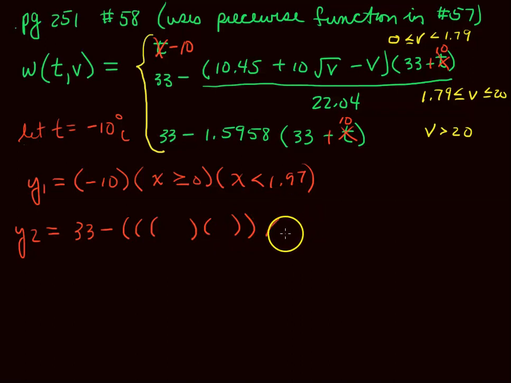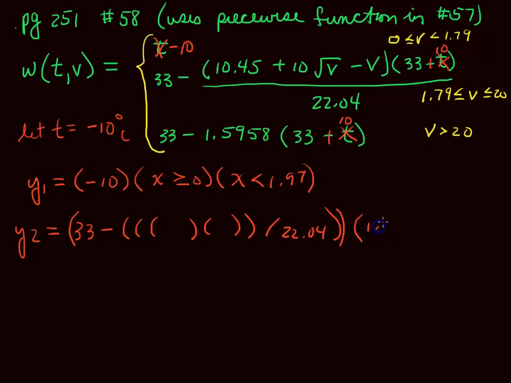Okay, and then after you put in the number here, the 22.04, you close the entire thing. So you open the entire quotient there, start your numerator, give your 2 parentheses expressions, close the numerator, then you do your division by the denominator and close the entire thing. Now these outer ones may not be necessary, but if you're not sure, that's what you need. And then for this, remember to work with this. So this might be an extra pair inside here, but it's better to put the extra pair than not, I think.